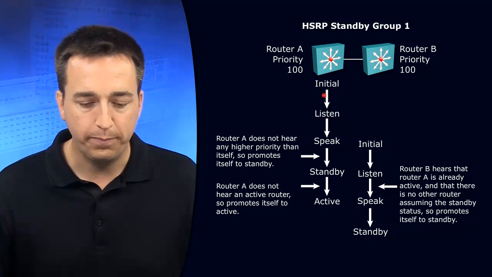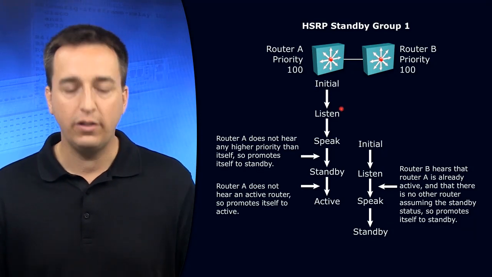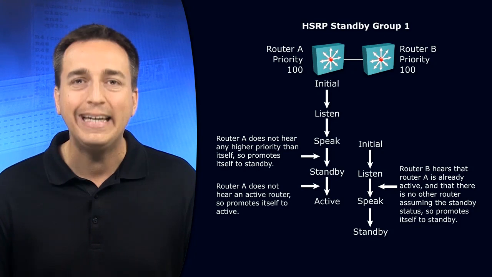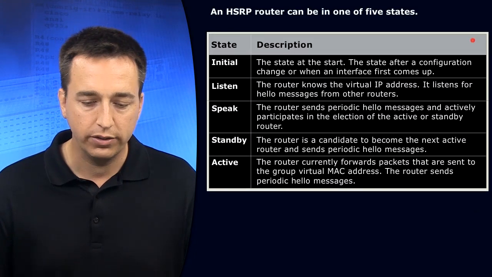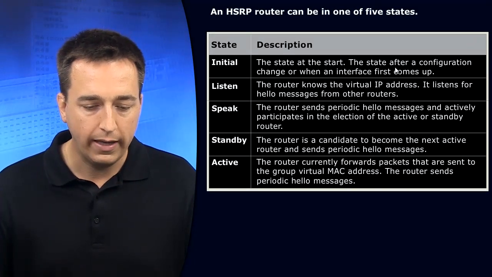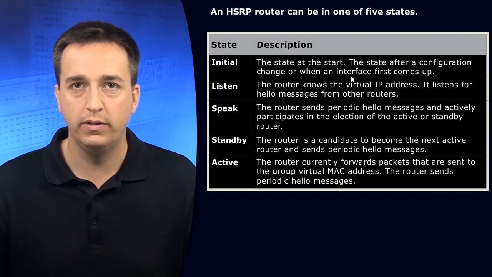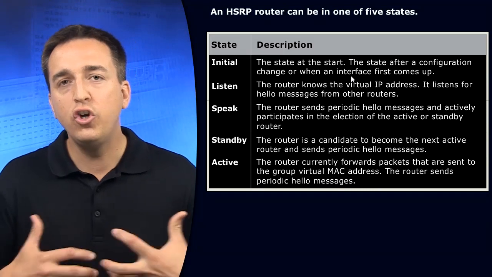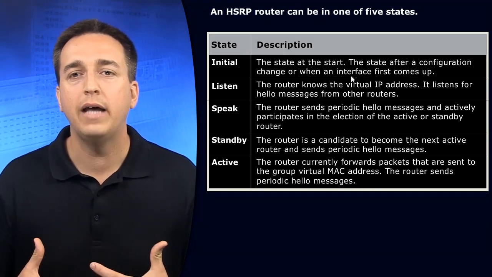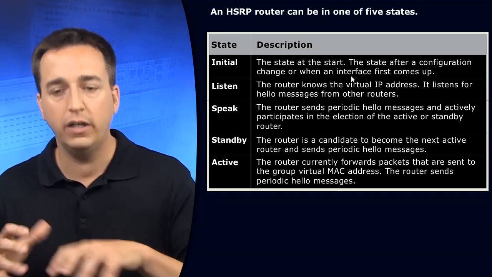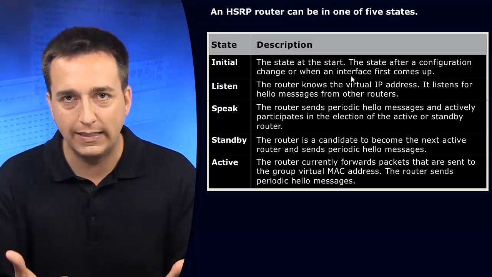We can see here that the first state the router is in is the initial state. And the initial state happens when the interface first comes up. So the device knows that HSRP is configured, the interface comes up.